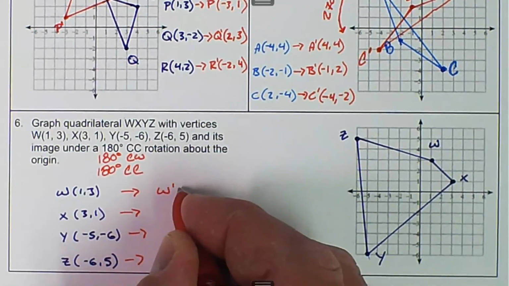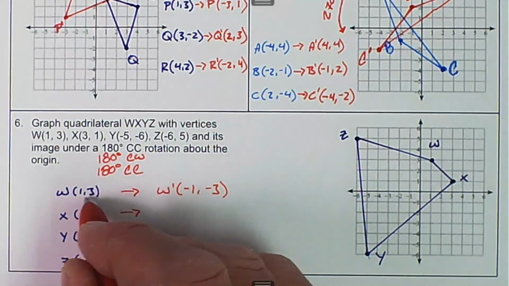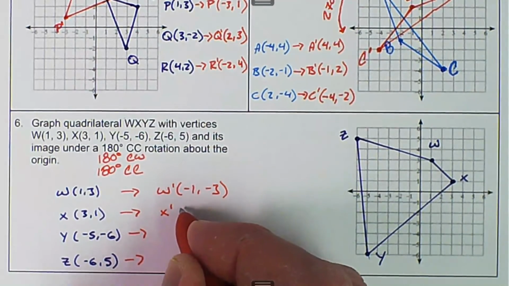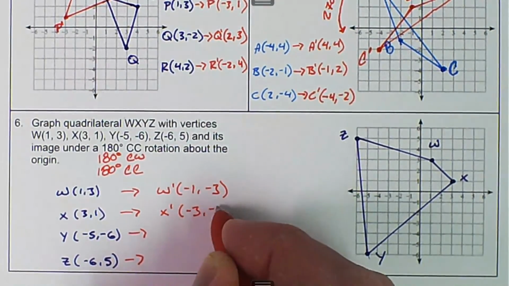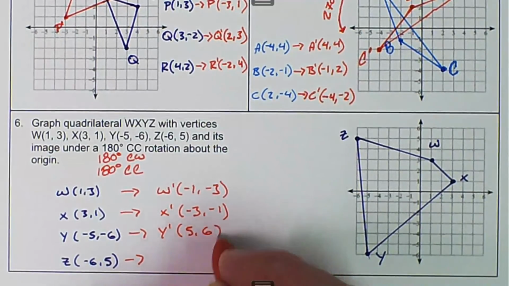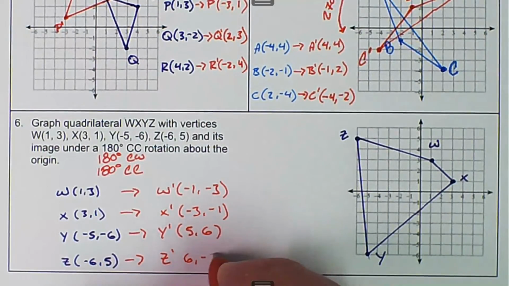So W prime is going to be negative 1, negative 3. We just took the coordinates and made them negative. So X prime is going to be negative 3, negative 1. And Y prime is going to be 5, 6. And Z prime is 6, negative 5.